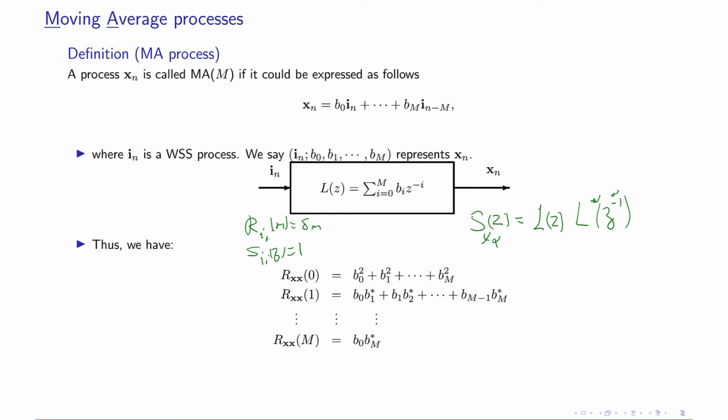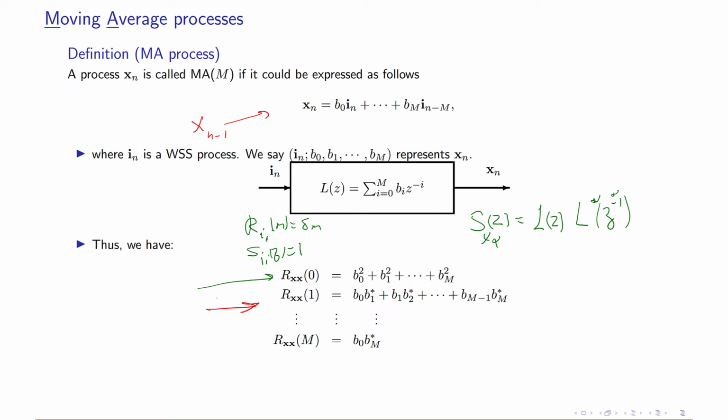Now if you use this equation and multiply both sides by X[n] conjugate and take the expected value, you immediately get this expression. If you multiply this time by X[n-1] and take the expected value, you get this equation, and so on.